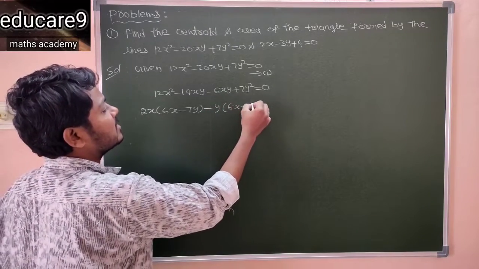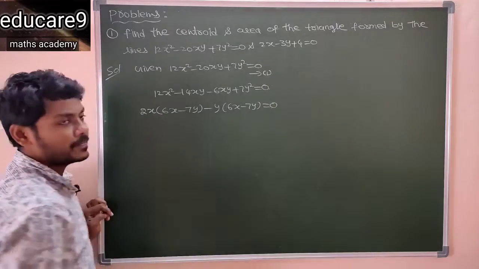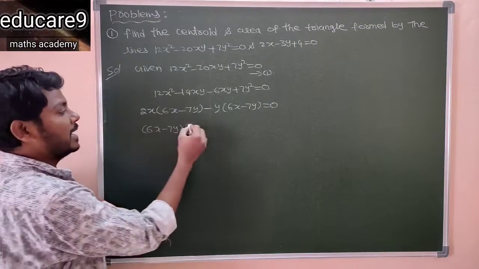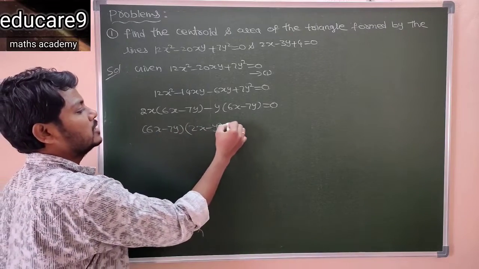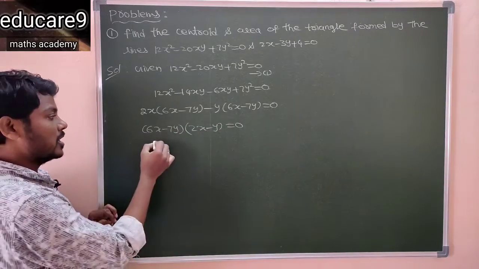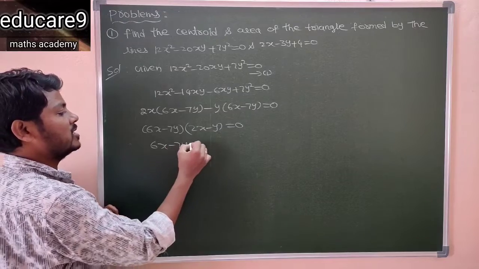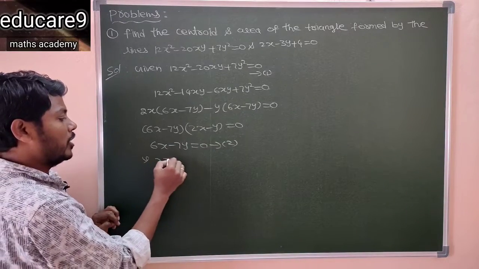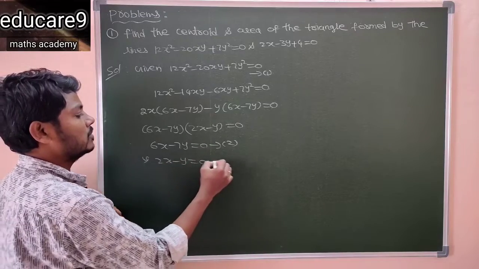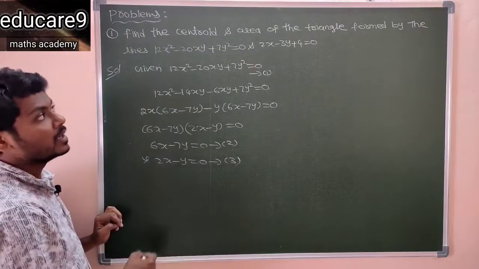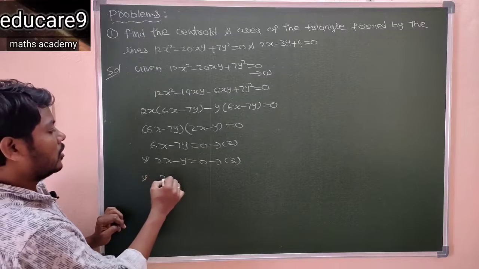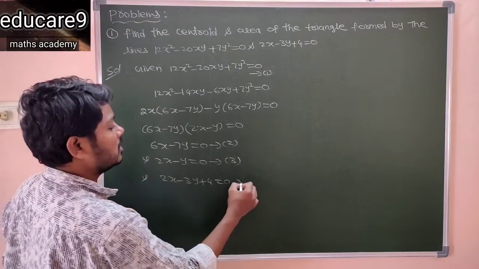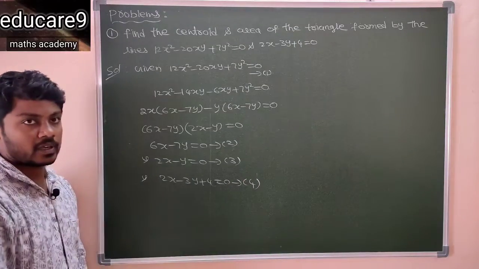You will get minus y into (6x minus 7y) is equal to 0. Again 6x minus 7y is common. You will get (6x minus 7y)(2x minus y) is equal to 0. So therefore 6x minus 7y is equal to 0, this is equation 2, and 2x minus y is equal to 0, this is equation 3. And given 2x minus 3y plus 4 is equal to 0, this is equation 4.